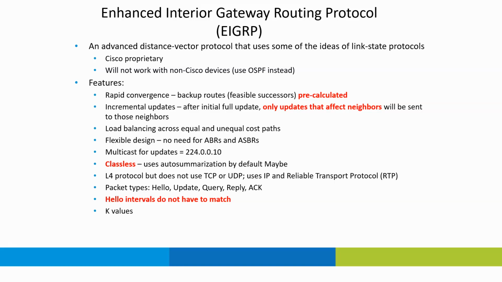K1 and K3 had multipliers of 1, which meant bandwidth and delay are the only two elements used for the calculation of the metric. K values have to match, autonomous system numbers have to match, and the routers have to be in the same subnet so they can communicate from one to the other.